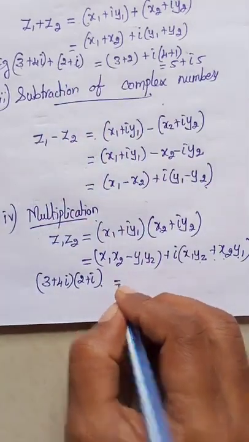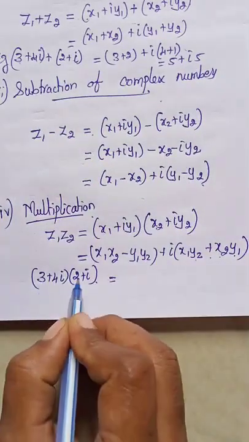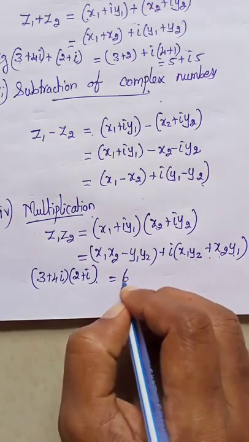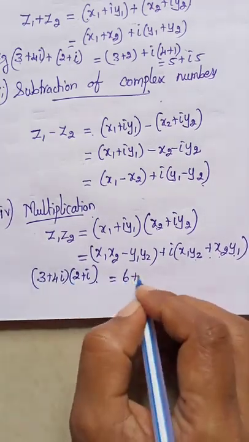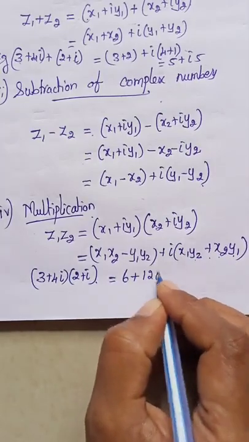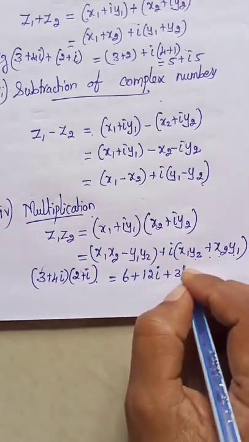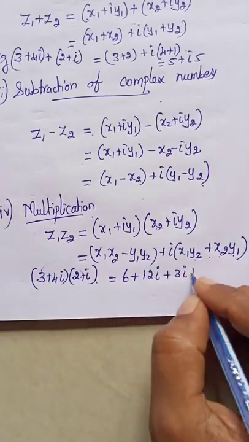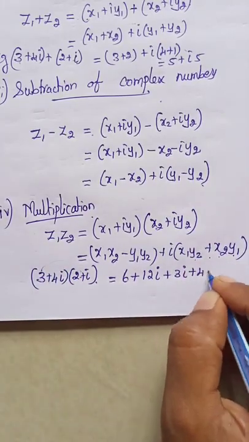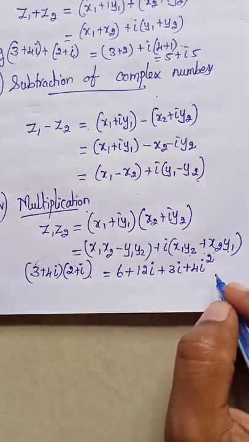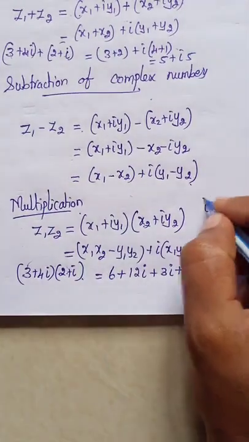See, ordinary multiplication. First multiply with 2. 3 into 2, 6. Plus 4 into 2, 12i. Now 3 into i, plus 3i. Plus into plus, plus. 4i into i is 4i square. We know that the value of i square is equal to minus 1.